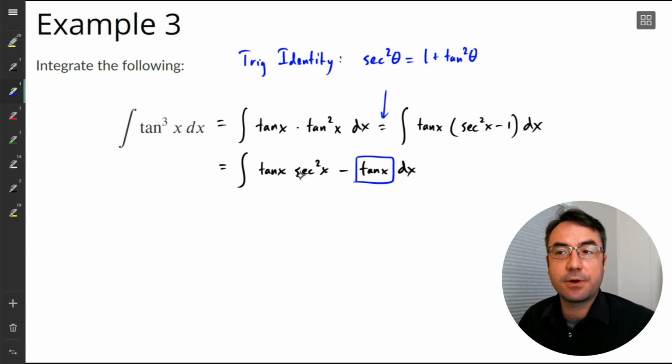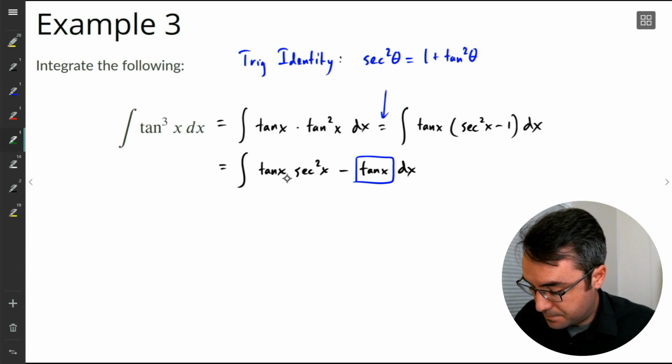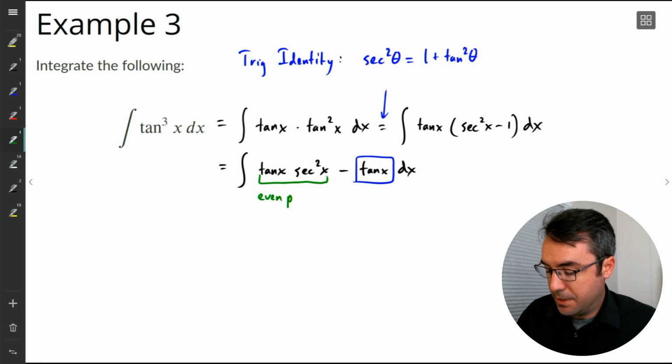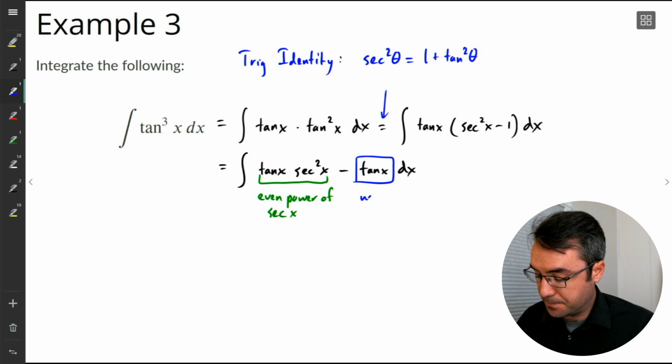We have an even power of secant here. So even powers of secant are always nice. And then that tangent x, that's one of our useful ones that we're going to be able to do something with.